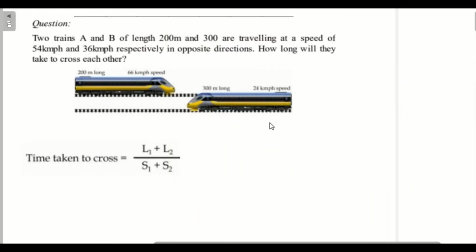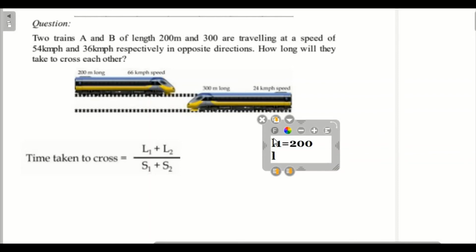Our next problem is a two trains problem. We have to use the same method. The length of train 1 is 200, and the length of train 2 is 300.